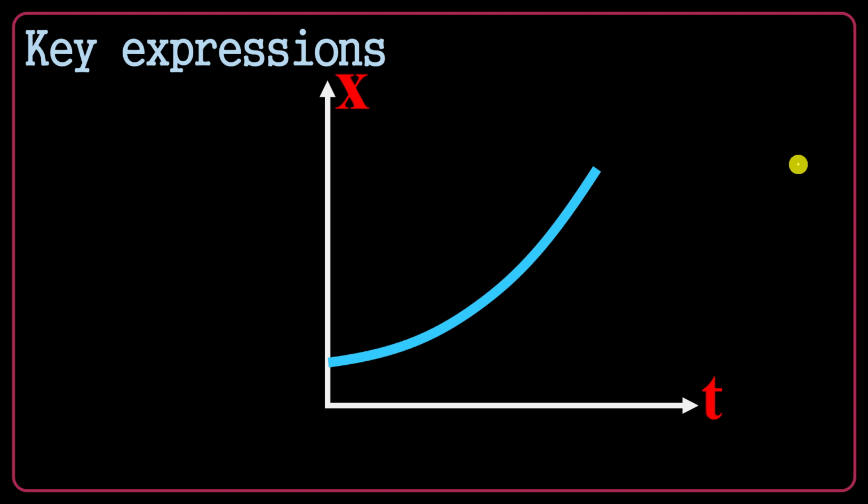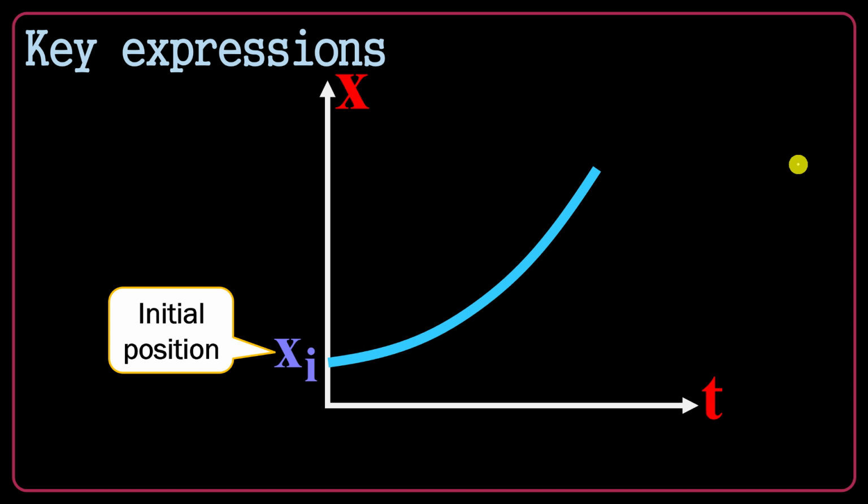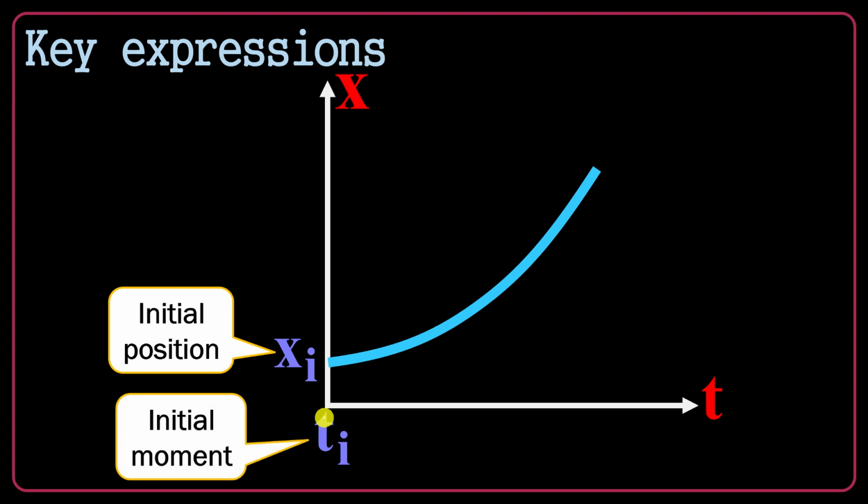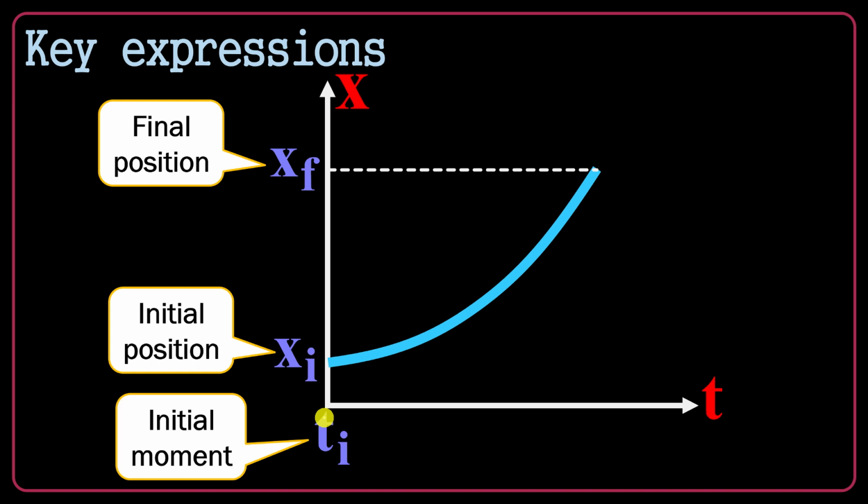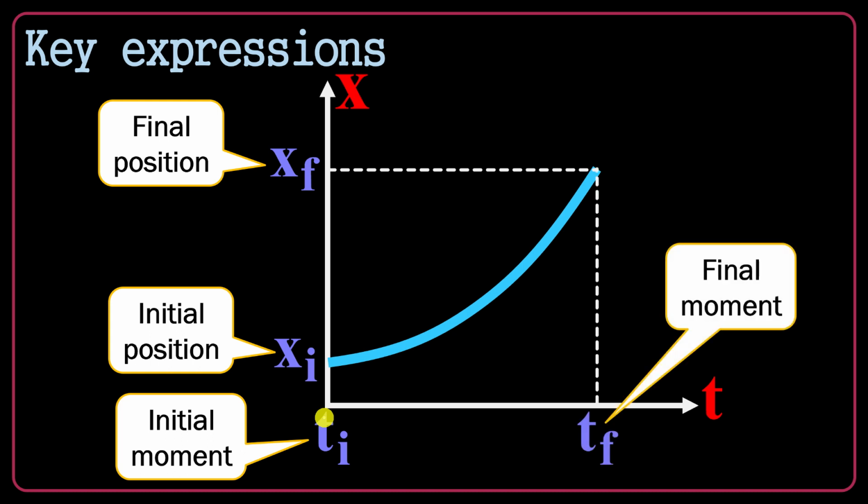Let's check our understanding. Suppose that the xt graph is given like this, and the object starts from xi. Xi is the initial position, and also the time ti, the initial moment. And finally, the object gets to xf. Xf is going to be the final position, and the time is tf, the final moment or final time.